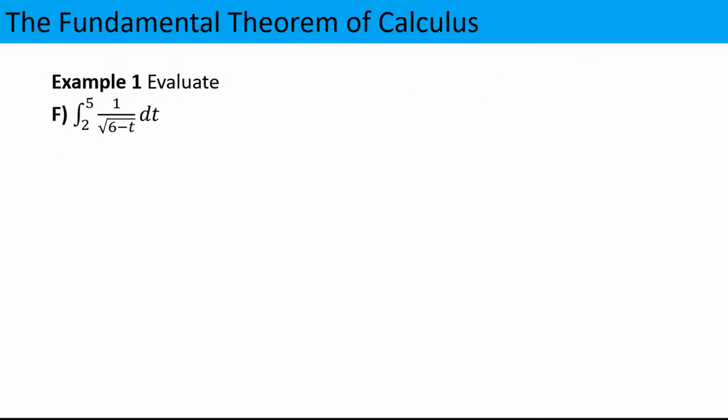Part F, integrate from 2 to 5 the quantity 1 over the square root of 6 minus t dt. This is another function that requires us to use the method of substitution. So let's let u equal the expression under the square root, which would be 6 minus t.